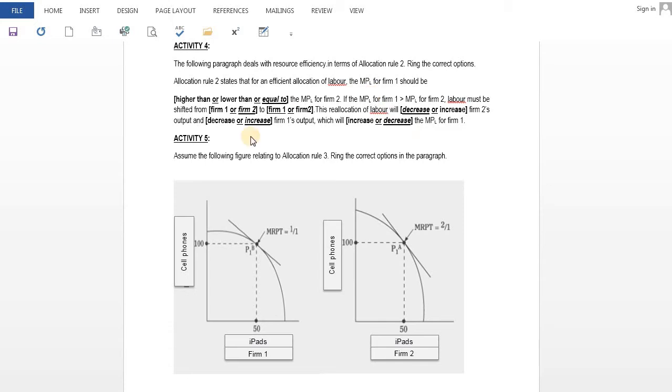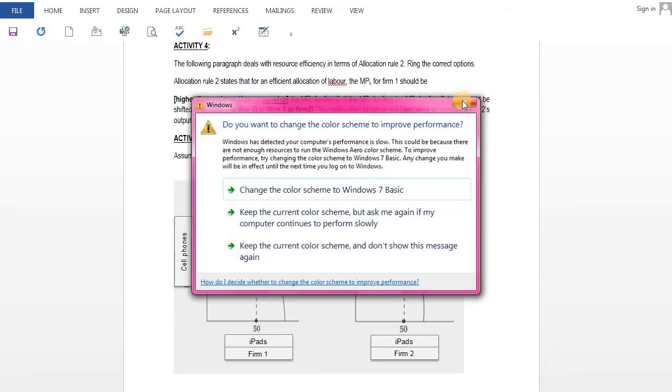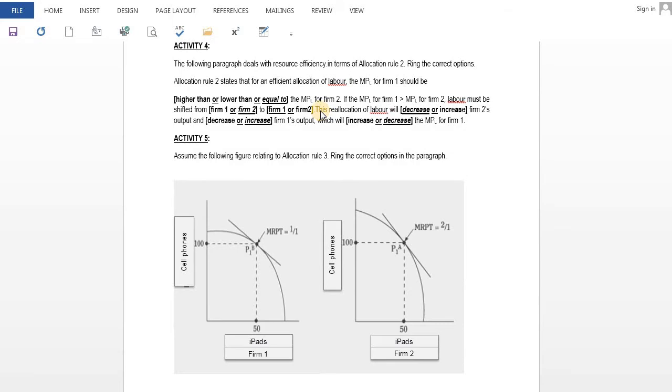So this is allocative rule 2. And what did we say about it? We said that the marginal product of labor has to be the same between 2 firms for the production of a specific good, right? What I usually tell my students is that this is reallocation of resources. Because we are assuming resource efficiency, we have to reallocate resources from where they are efficient to where they are inefficient.